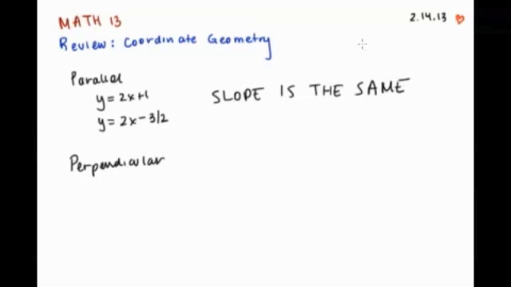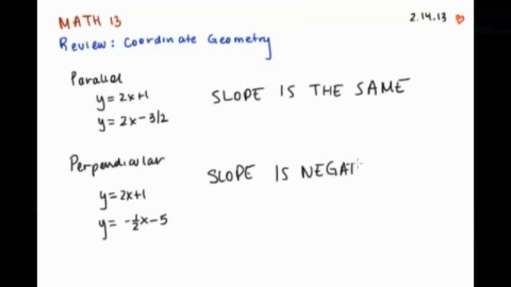on a coordinate grid. And in perpendicular lines, say we have y equals 2x plus 1. Let's use this again. What is a possible perpendicular line? Well, it's the negative reciprocal. So the slope of a perpendicular line to a given line is the negative reciprocal.